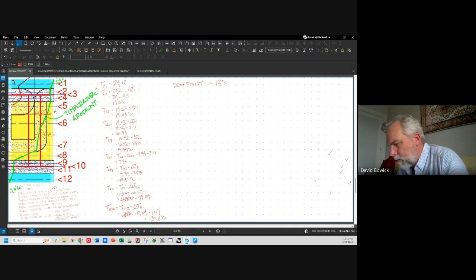This is my boundary 5, 6. This is my boundary 6, 7. And we know our dew point happens in there somewhere. Okay, so we know that T at boundary 5, 6 equals 16.92. T at boundary 6, 7 equals 9.44.